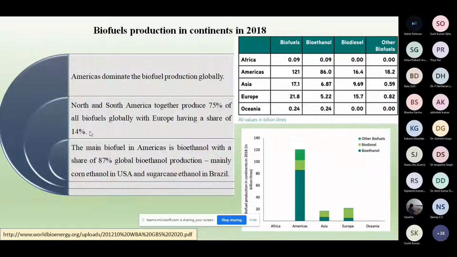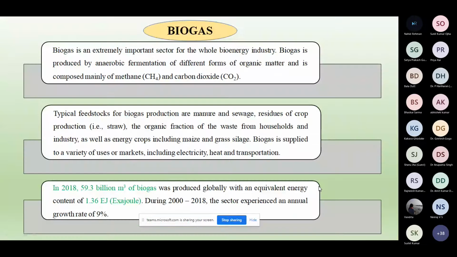And the main biofuel in America is bioethanol, which is 87% of the total global bioethanol production. You should know here again that the USA is using corn as a feedstock for ethanol production, while Brazil basically uses sugar cane.